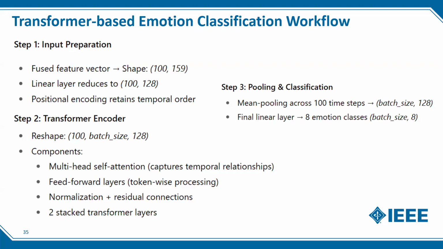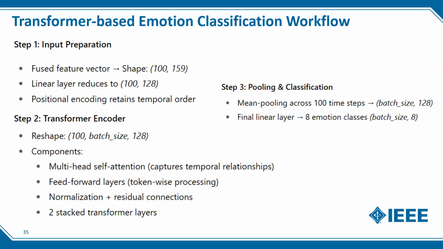Then we used two stacked transformer layers, which deepen the learning representation. Then we performed average pooling so that the dimensionality is reduced.